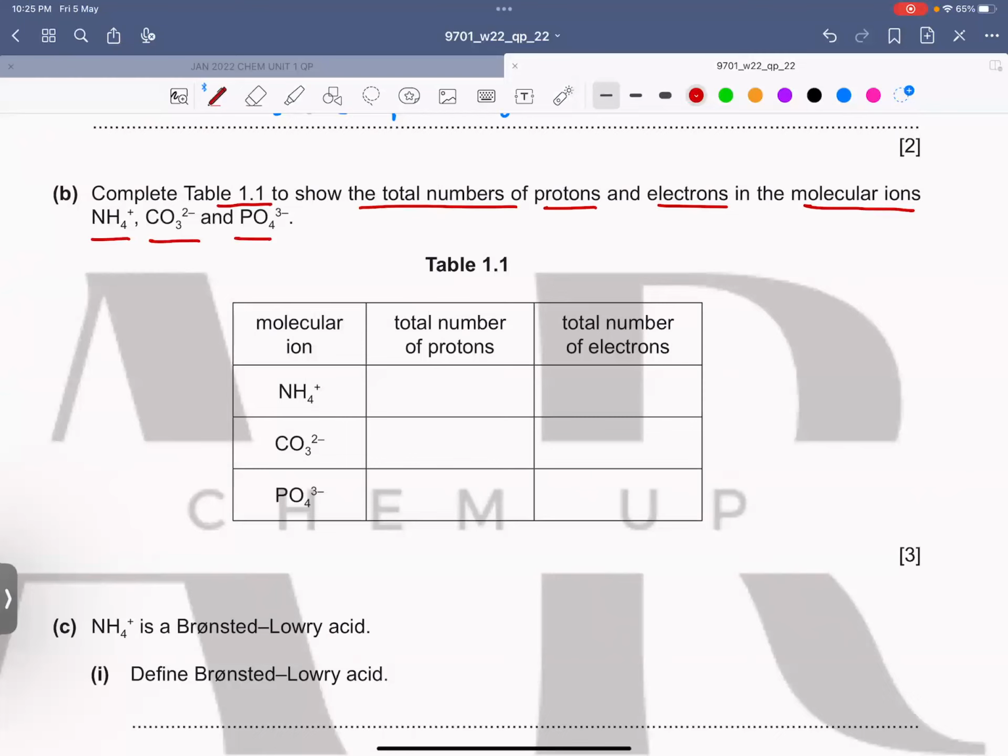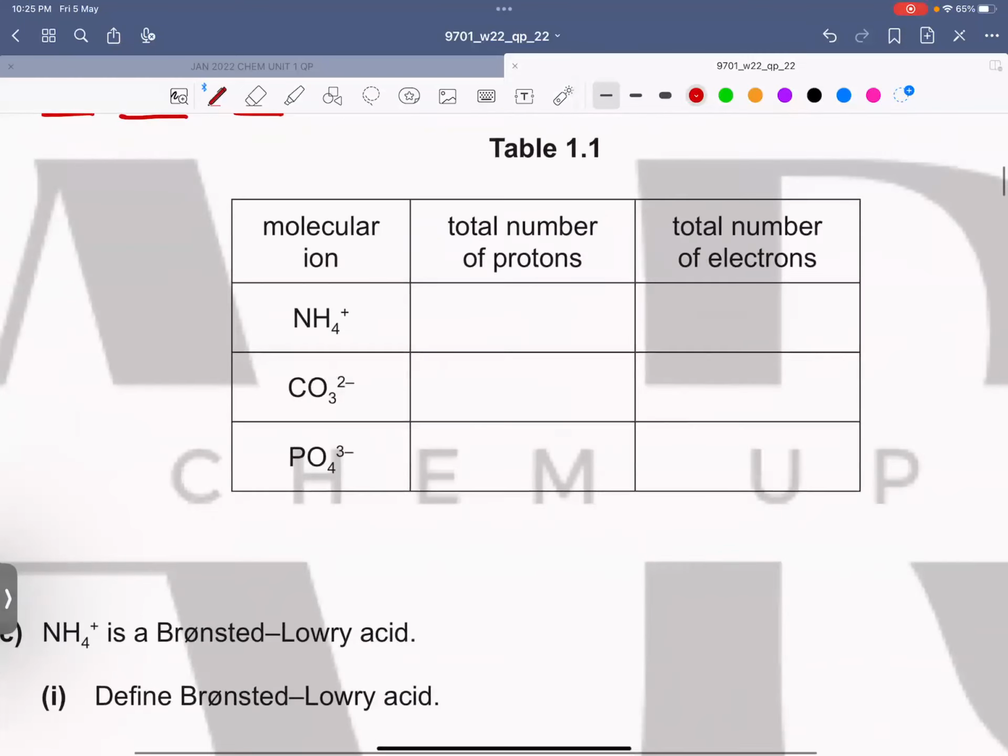So, let me write the atomic number of the elements in these molecular ions or polyatomic ions. Nitrogen is 7 and hydrogen atomic number is 1. The atomic number of carbon is 6 and the atomic number of oxygen is 8. The atomic number of phosphorus is 15 and oxygen is again 8.